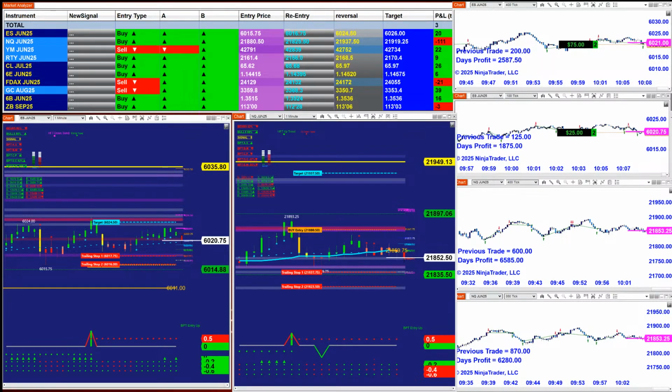Now we have both the ES 400 tick and the 100 tick taking a long trade, and there is no trade on the Nasdaq so far.